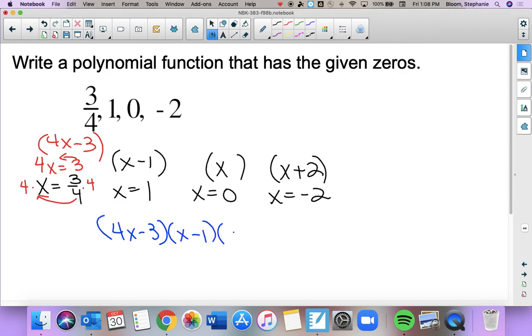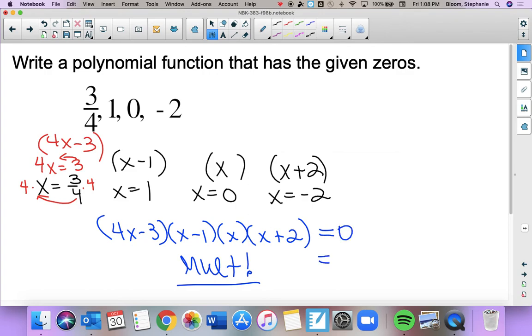And then you'll have your polynomial once you combine like terms. So we're not going to do that because you can do that. And then you can either set it equal to 0, or you can set it equal to f of x, or set it equal to y. It doesn't matter. Pick something to set it equal to so that it's a function.